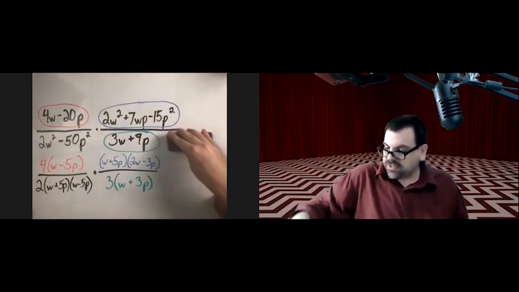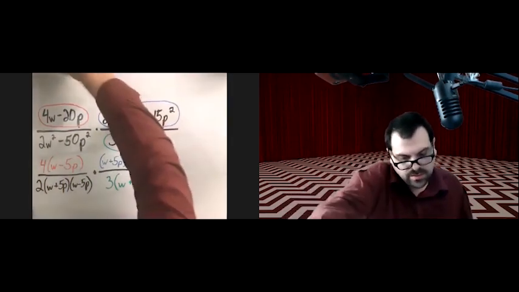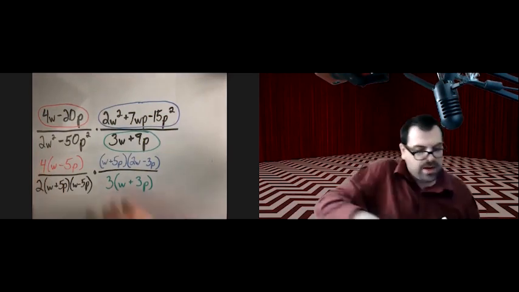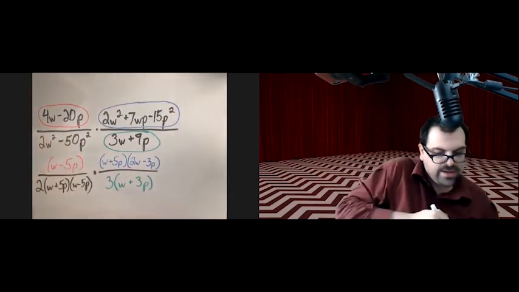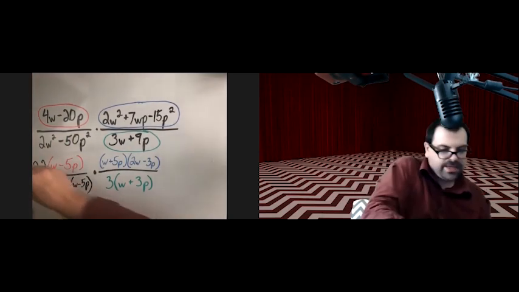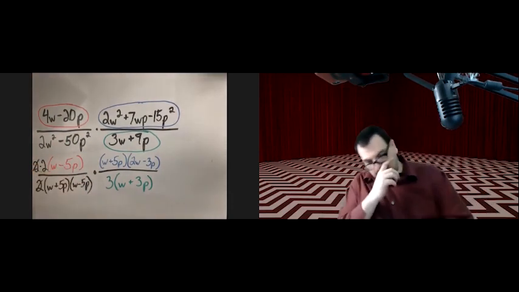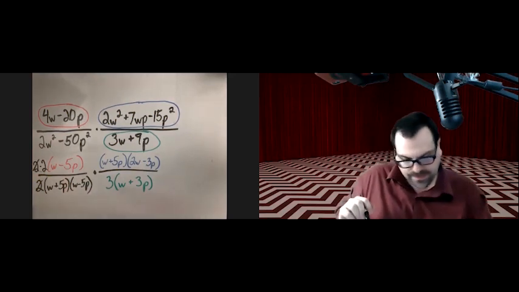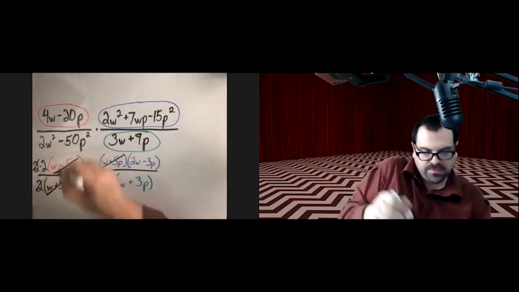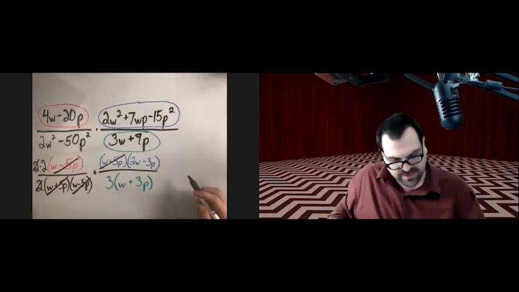Okay, factor everything. Here, that 4, I'm going to go ahead and rewrite as 2 times 2 because I'm going to cancel one of those 2's. w plus 5p with w plus 5p, w minus 5p with w minus 5p.